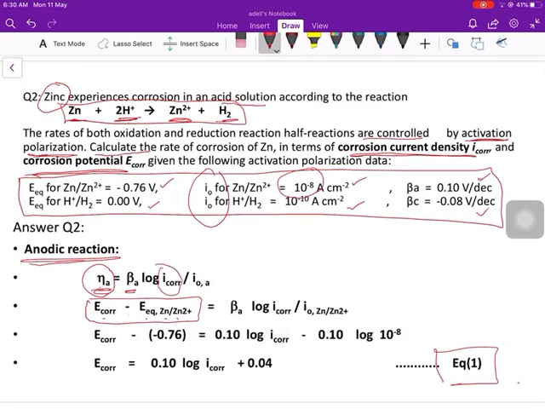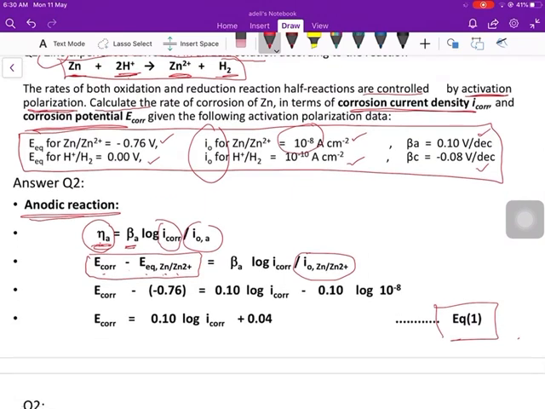Equals to beta A for the anodic process, log I corr, where it stops, over I naught, which is the starting point, the exchange current density. So you just add whatever values you can get from this question, as given.